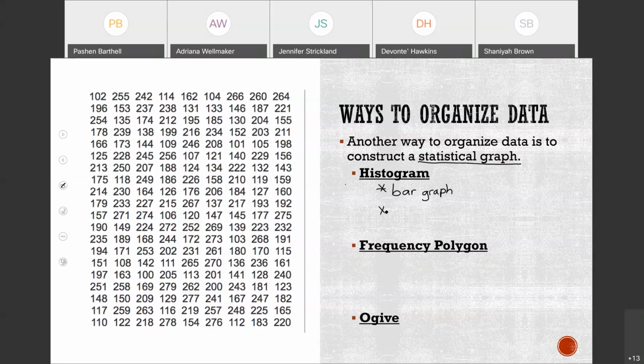All right, so we're going to use the class boundaries across the x-axis. So that's the one going across from left to right at the bottom. And then we're going to put the frequencies on the y-axis. That's going up.